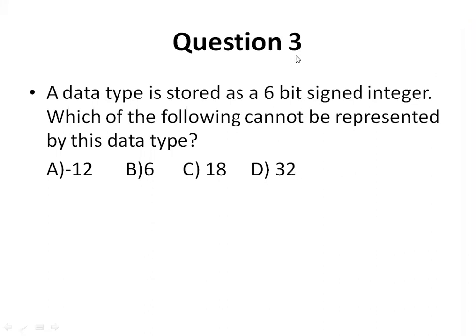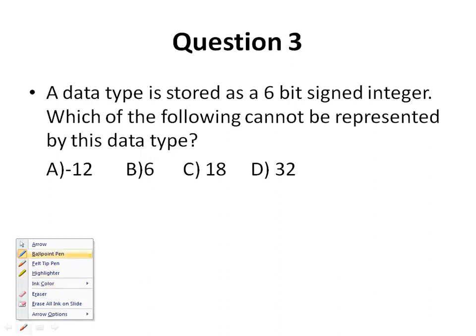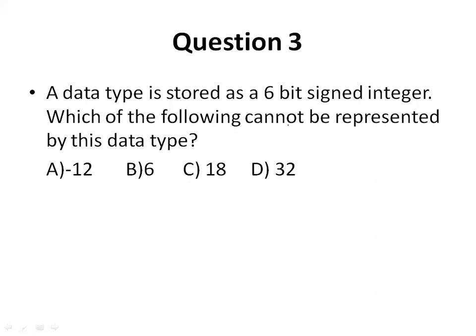In the previous video, we said that when we have a 6-bit signed type, 1 bit is used for the sign. Yes or no? 1 bit is used for representing the sign.